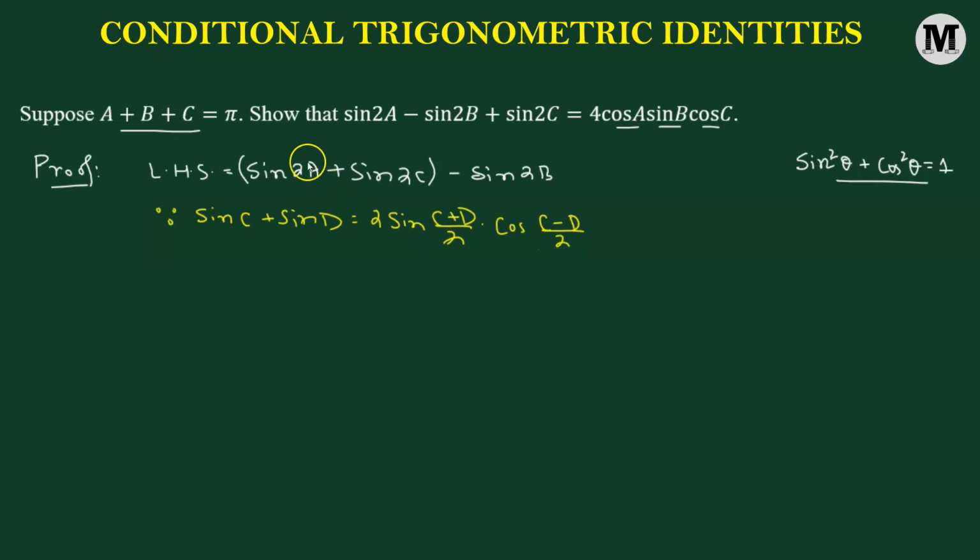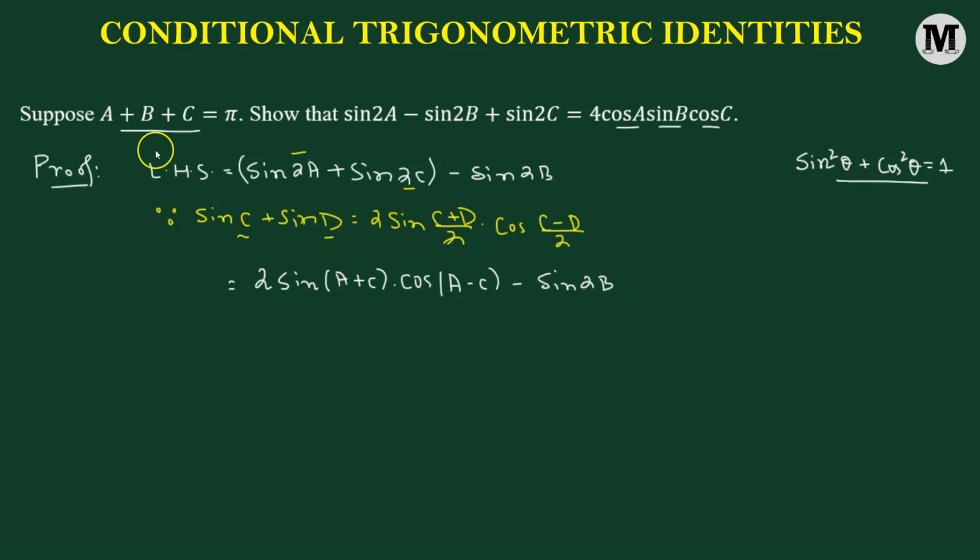For our case, we suppose 2A to be equivalent to C and 2C to be equivalent to D. Therefore, we now have 2 times sine of the angle (2A plus 2C) divided by 2, which gives us A plus C, multiplied by cosine of the difference of the two angles, 2A minus 2C, divided by 2, which gives us A minus C, minus sine of angle 2B.